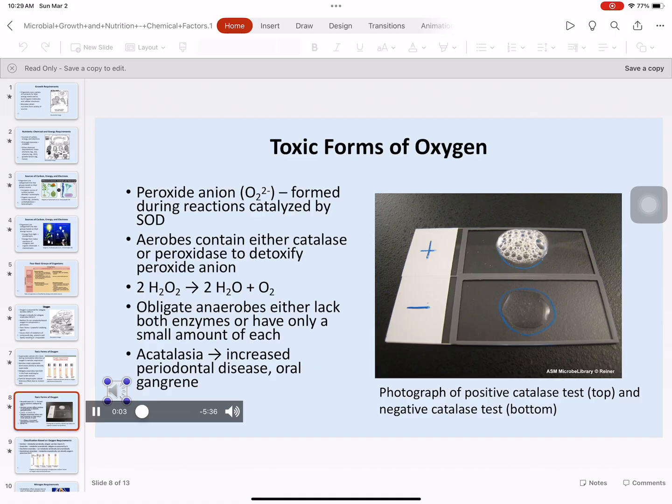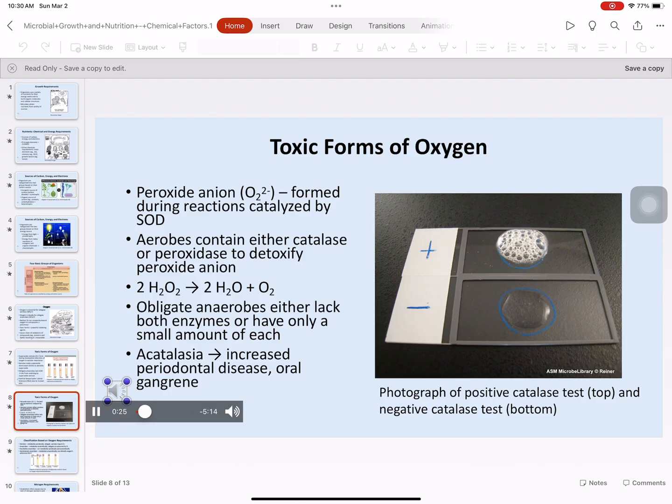Now, just because an organism has superoxide dismutase doesn't mean that we're home free, because it turns out that those reactions can create peroxide anion.